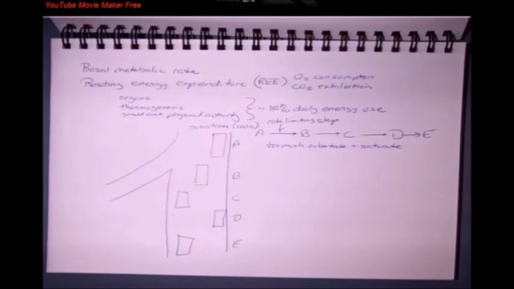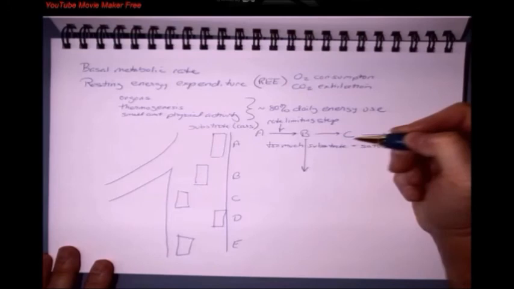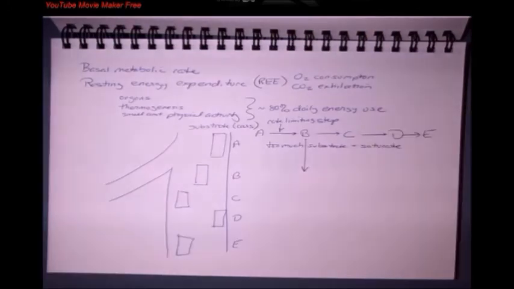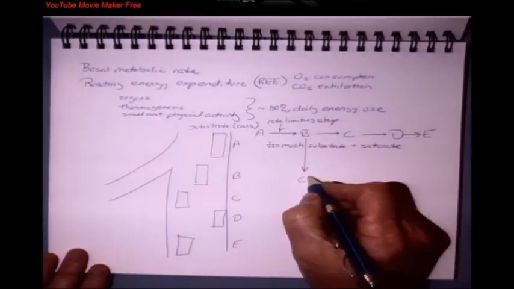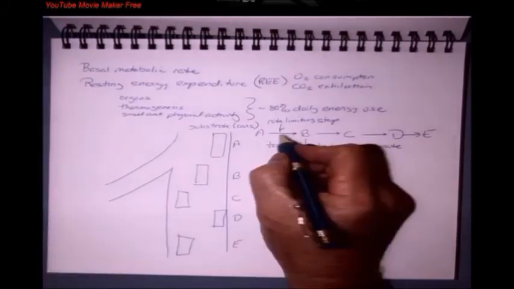Now, here's where biochemistry gets interesting and fun, and this is where medicine comes in. What happens if you need to take a detour? Let's say you were going to C prime. Let's say that this direction is the preferential way.